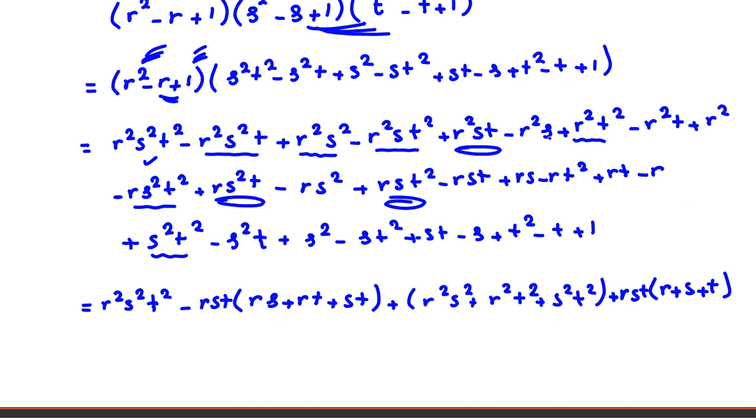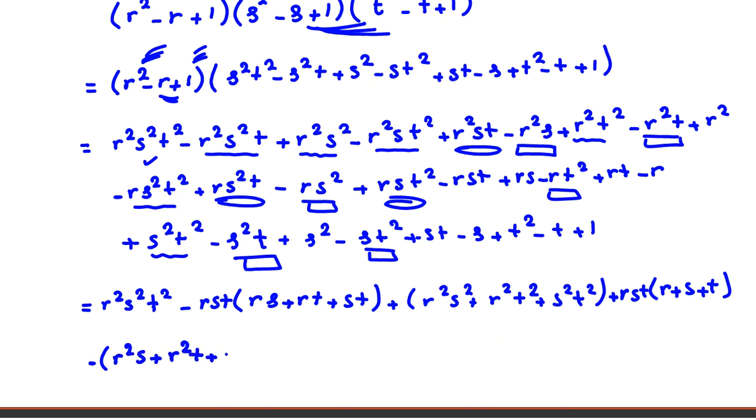Okay, now let's consider the next terms: r squared s, r squared t, rs squared, rt squared, s squared t, st squared. So it will be negative, r squared s plus r squared t plus rs squared plus rt squared plus s squared t plus st squared.